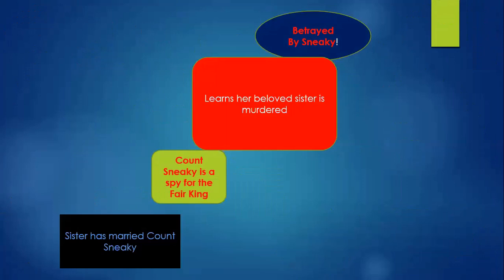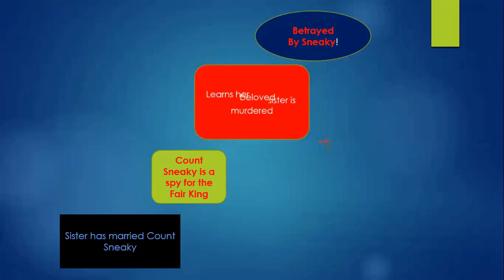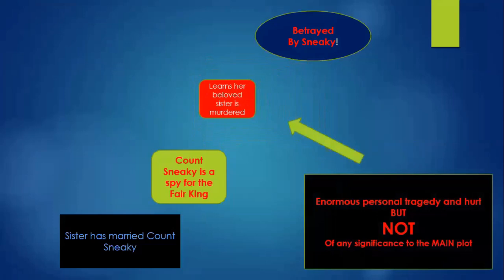I've made much of the fact that she learns her beloved sister is murdered, but from what I was saying in the last break, I hope you understand that it is not so important. It's an enormous personal tragedy and hurt for Quizmerelda, but not of any significance to the main plot. Why? Because it has no influence on whether she gets to that golden key or not.